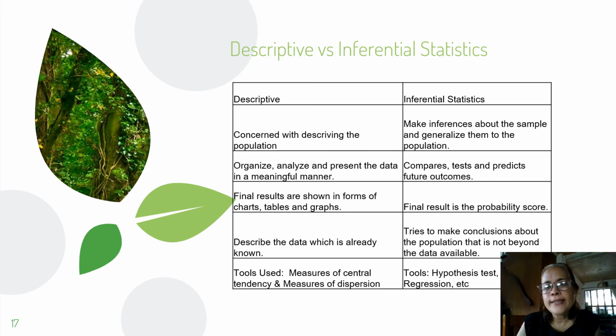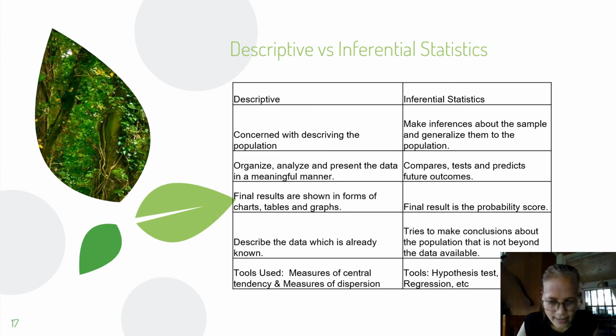Okay, inferential statistics also tries to make conclusions about the population and is beyond the data available. The tools it uses will be hypothesis testing, analysis of variance, regression, clustering, forecasting, trend analysis, paneling. There are just so many of these.